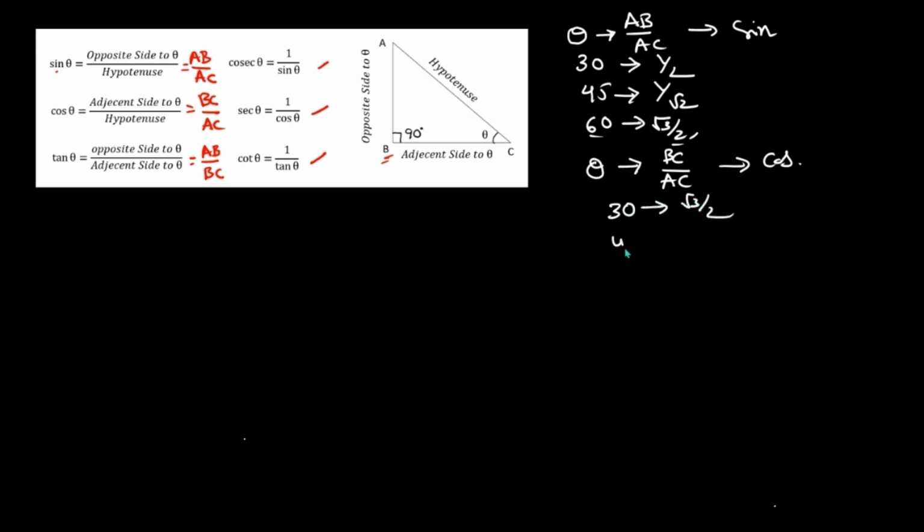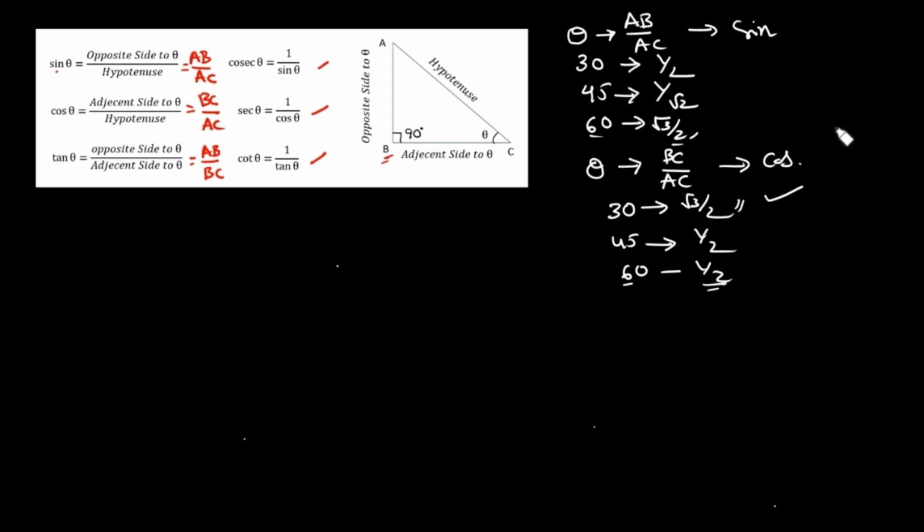For 45 degrees, this ratio is 1/√2. For 60 degrees, this ratio is 1/2. So if this ratio is coming like 1/2, then we will say that this is for 60 degrees. You get these edge ratios for any angle by the graphical way very easily.